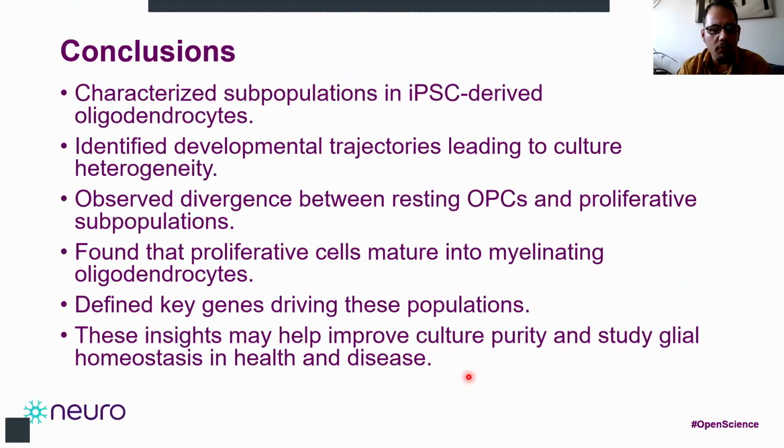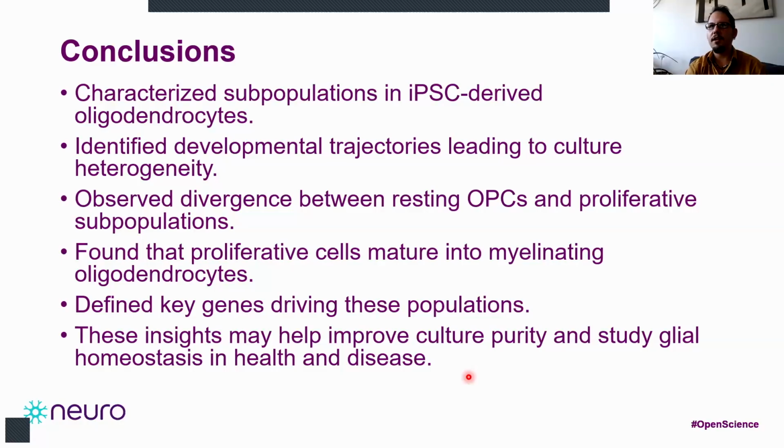So all in all, to conclude, we characterized this subpopulation in our iPSC-derived oligodendrocytes. We identified the developmental trajectories leading to the heterogeneity in our culture, and we observed a divergence between this population of resting OPCs and more proliferative subpopulations that instead are driven to mature once given the right cues.